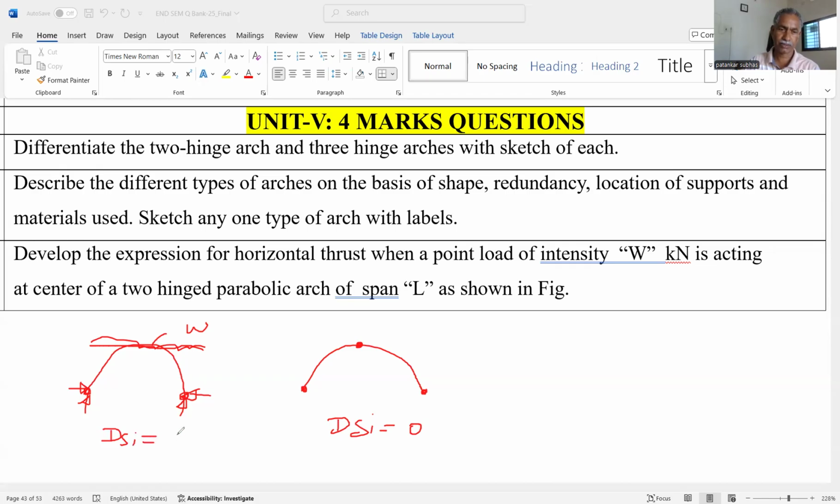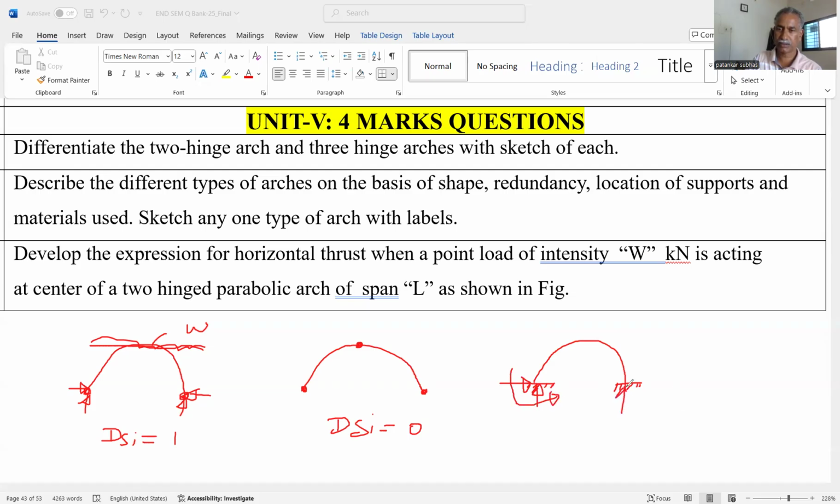Here the value of DSI is equal to R minus E. So 4 minus 3, it is 1. But sometimes the arch may be fixed at each support. This is also possible. So in this fixed arch, there are three reaction components at every support, like this.